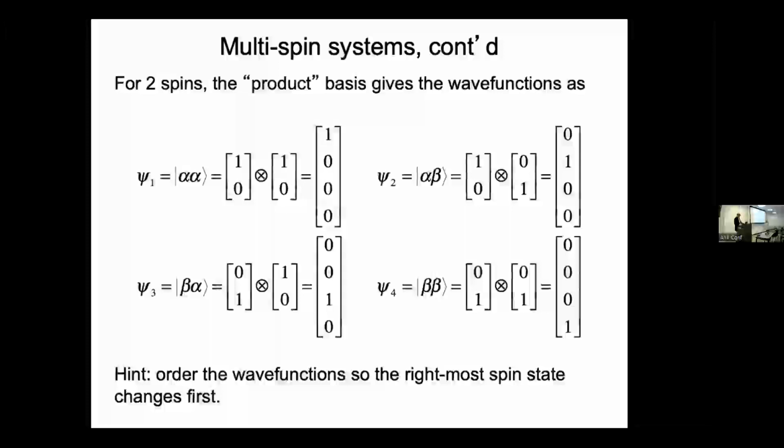The second position is alpha beta, then beta alpha, and then beta beta. So if I had 3 spins, I would change the spin state of the third spin first, then the second spin, and then the first spin. So when I write these out, I go right to left, varying the indices on the rightmost side first.